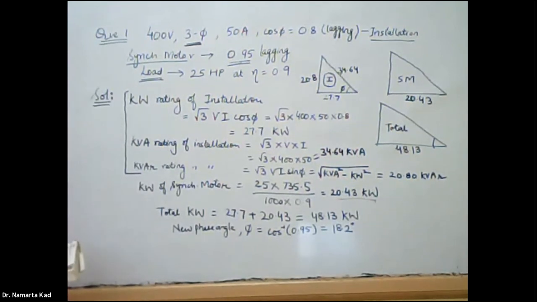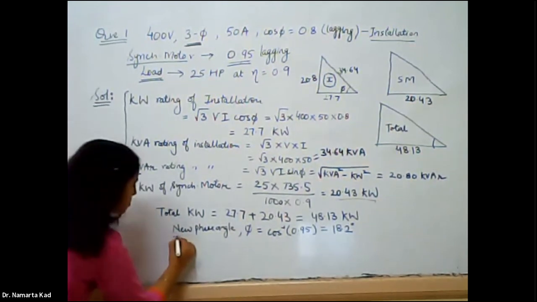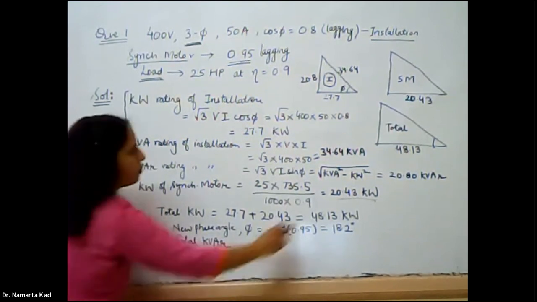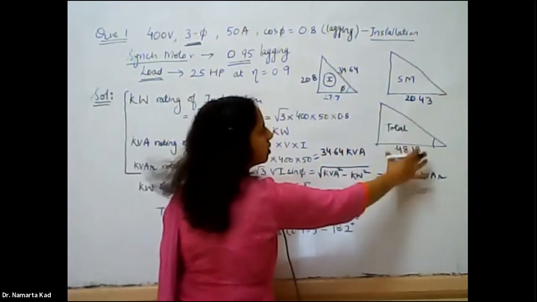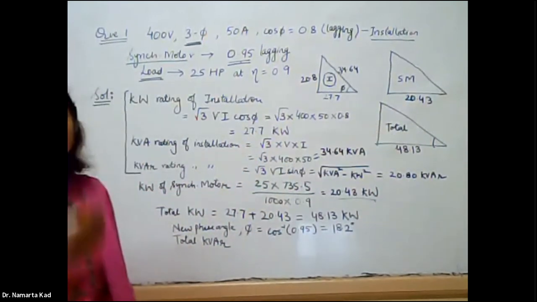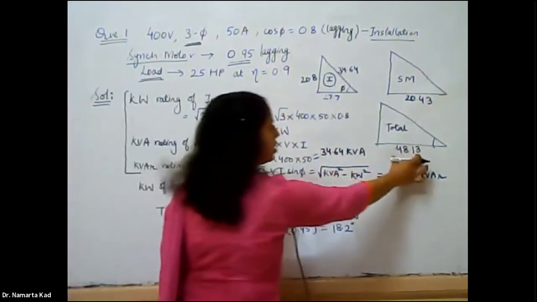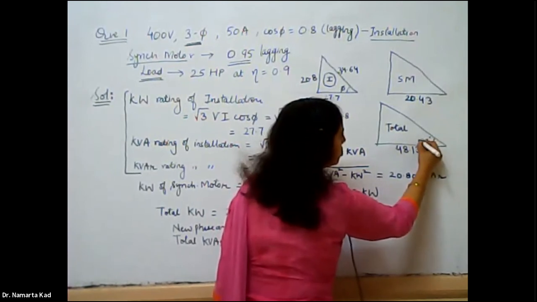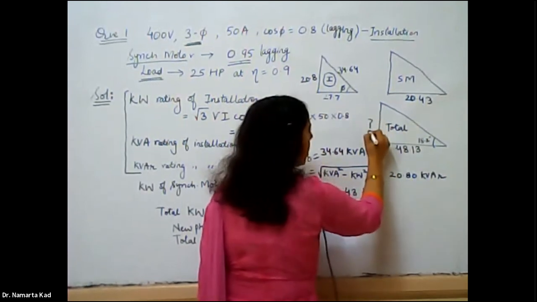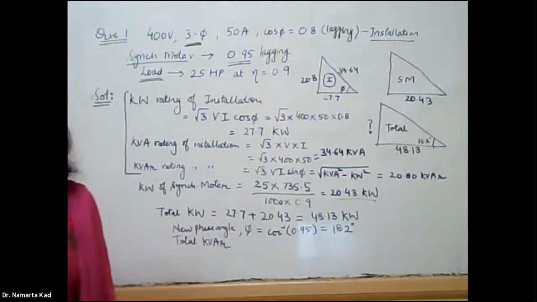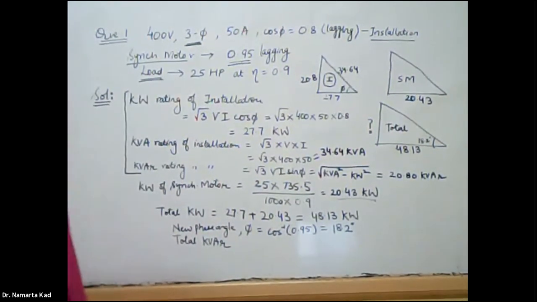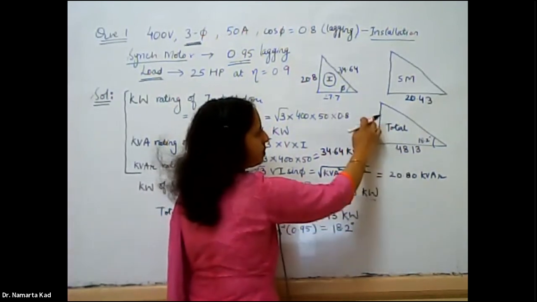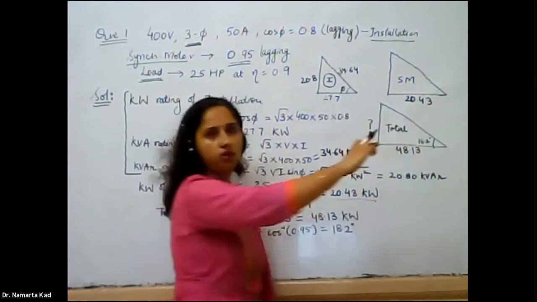And now the total kVAR for this installation, for the complete power triangle. What is the total kVAR? We know the kilowatts. We know the angle, 18.2 degree. Okay, so we have to find out this thing now. Total kVAR is perpendicular upon base, which is tan of 18.2 degree.